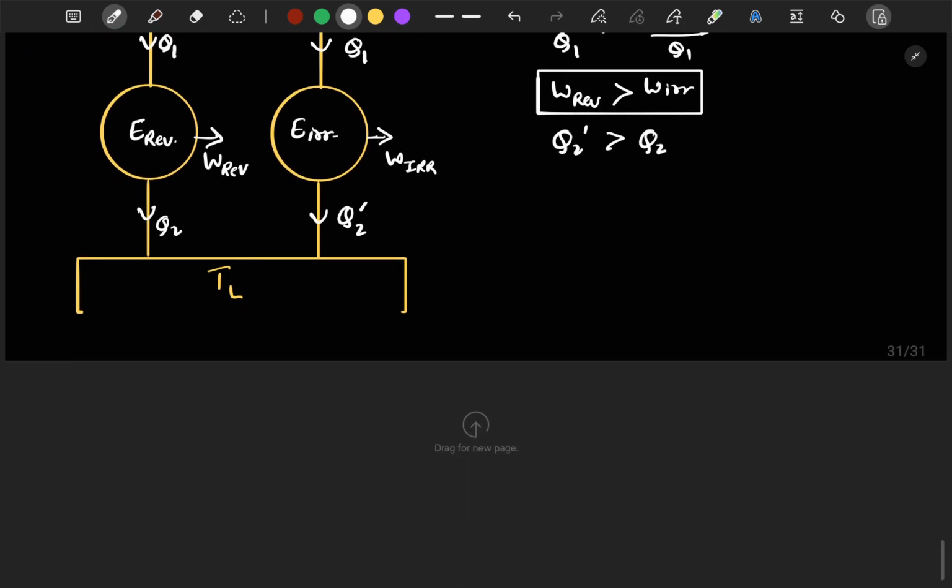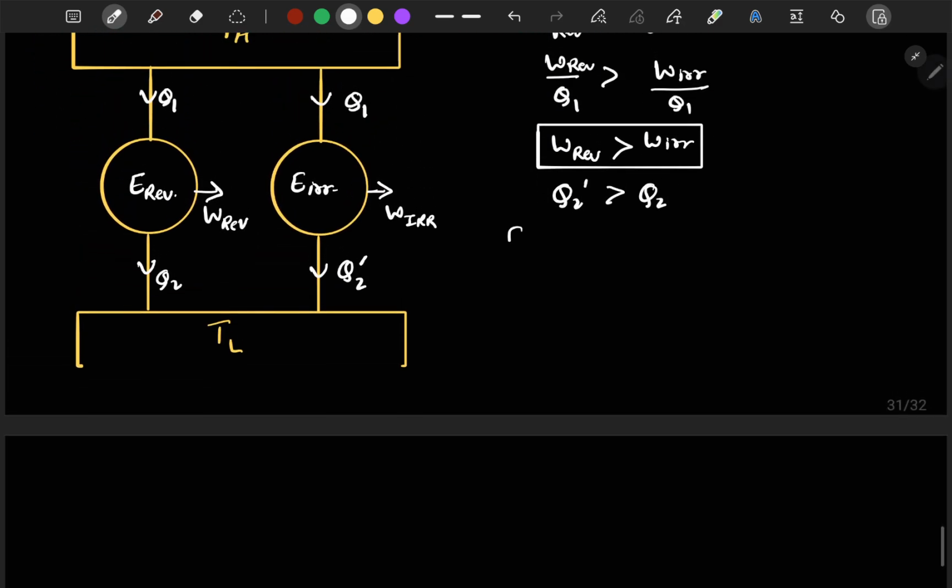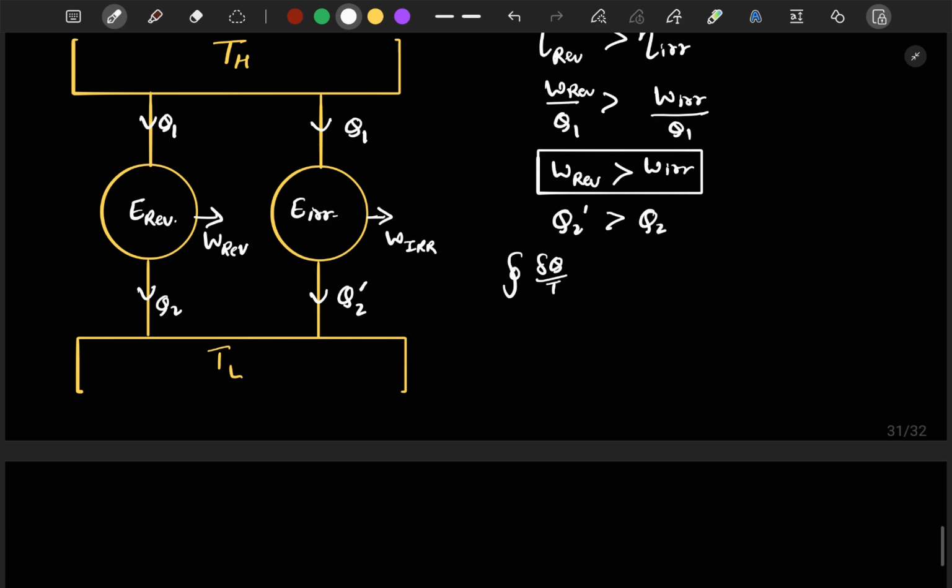Now we will apply the same cyclic integration of del Q by T to our irreversible engine. For the irreversible engine, we get del Q by T equal to Q1 by TH, where heat is absorbed at temperature TH, minus Q2 dash by TL, where heat is rejected at temperature TL.